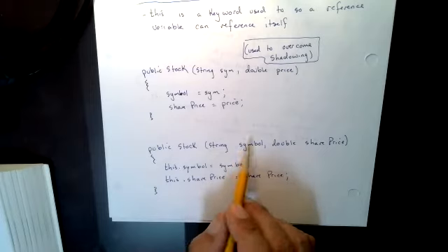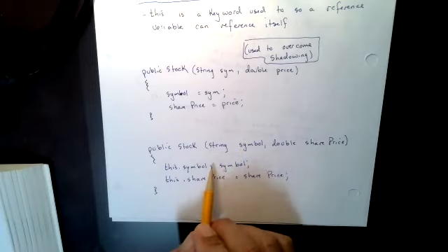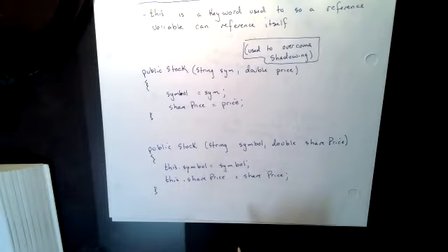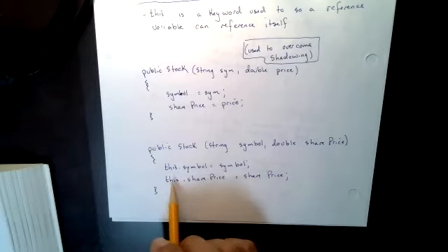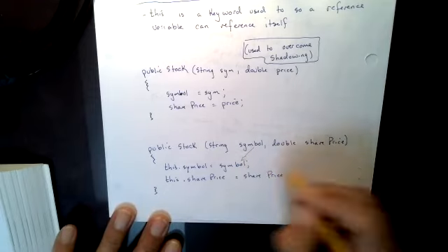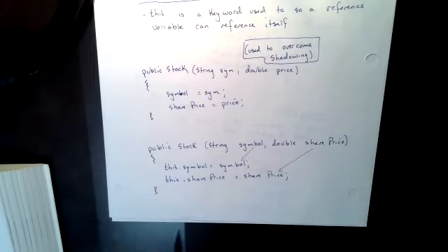The way I would do it is say this.symbol is going to be assigned the symbol parameter, but I put the variable name this in front of it to make sure that it goes to the field of the calling object. Same with share price. They're the same names, so I put this in front of it so it knows it goes to the right one. This guy is here and this guy is there. The arguments coming in are like local variables that get created. But in order for us to assign it to what we want it to be, we put the this variable in front of it.